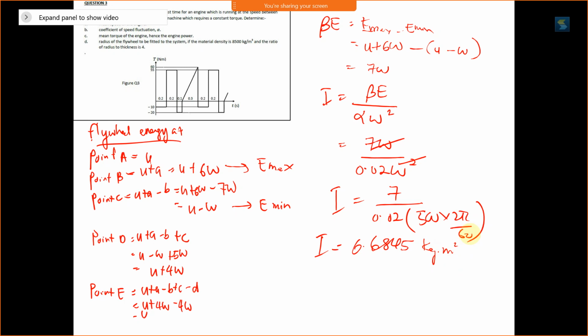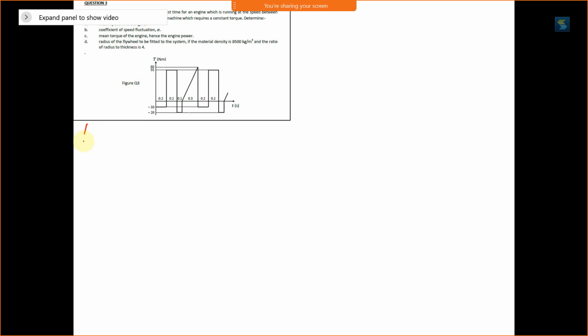Alright, flywheel dia tak termasuk motor sebab dekat soalan ni tak ada motor. We have no motor. Okay, so from flywheel we know that flywheel kita can consider as 1/2 mr squared. So I equals to 1/2 mr squared.